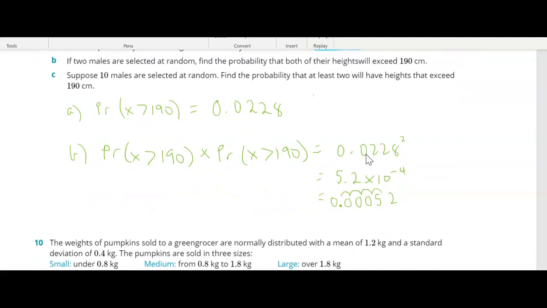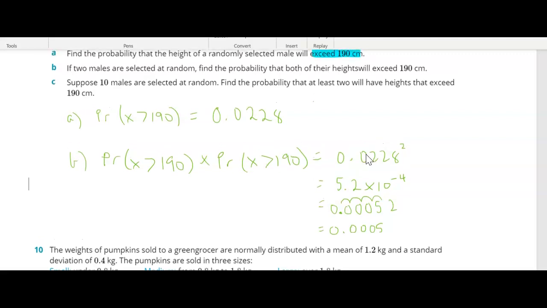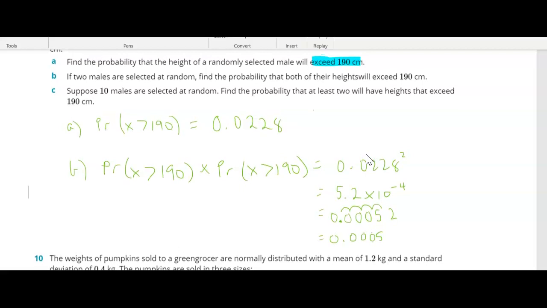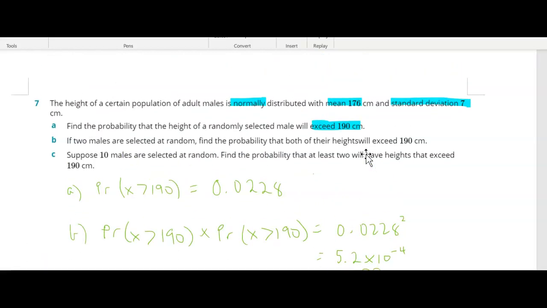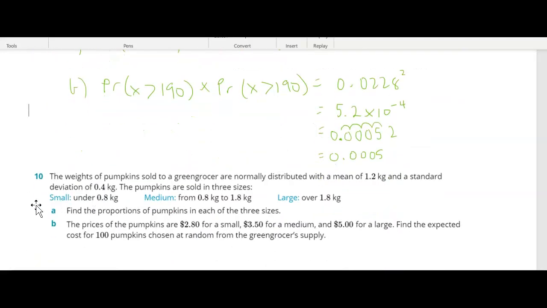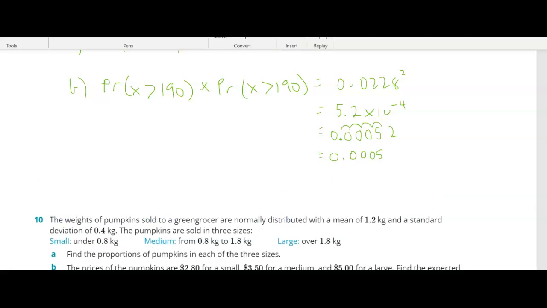So your answer is, we're just doing 4 decimal places, 0.0005. So two males are selected at random. What is their probability of both being over 190 centimeters? So very tall. So we know that's already rare. So getting two men at that height is extremely rare.